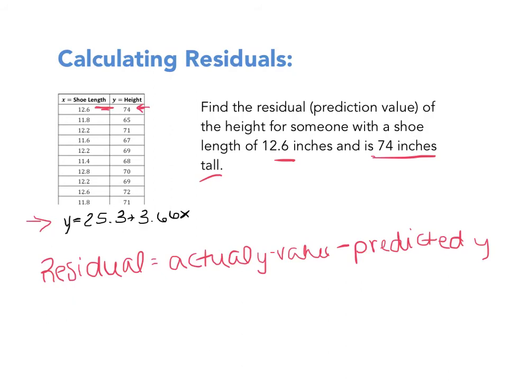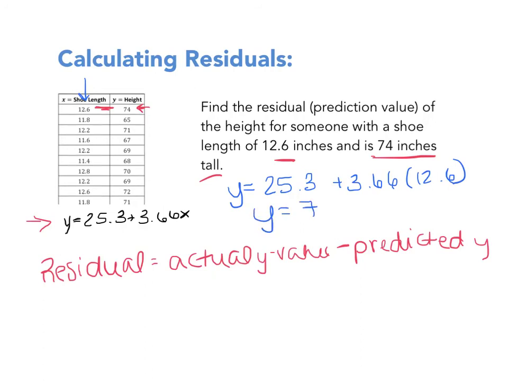So I'm going to take the shoe length of 12.6 and plug it into my equation to find out what the predicted height would be. So we have y equals 25.3 plus 3.66 times my shoe length of 12.6. And based on my equation, the height of someone with a shoe length of 12.6 should be 71.42 inches tall.